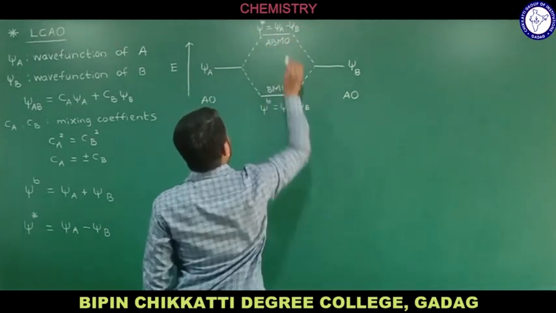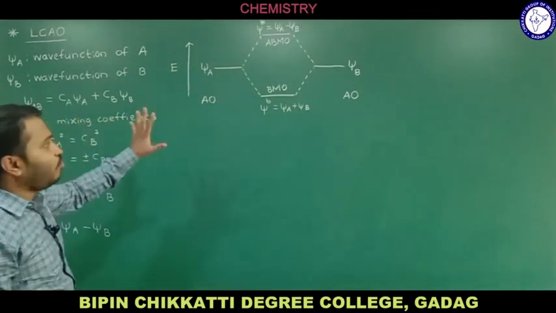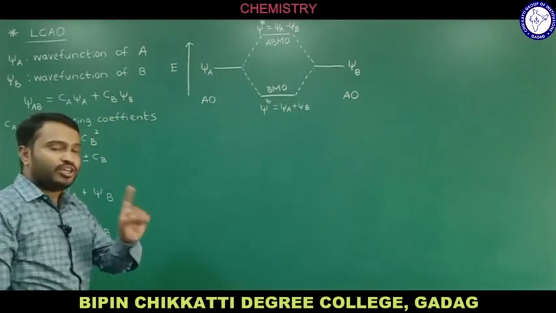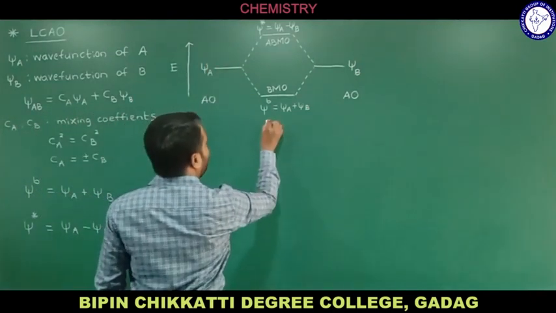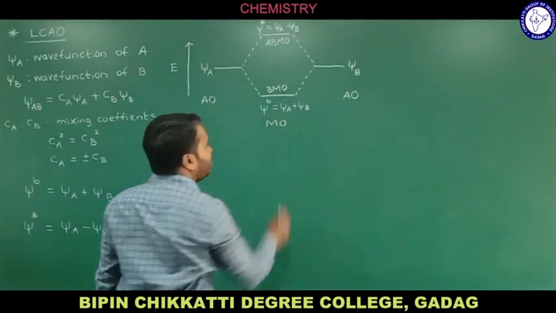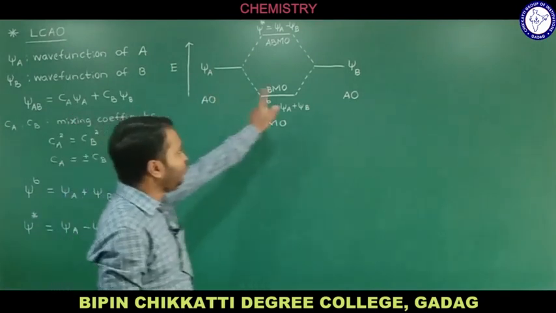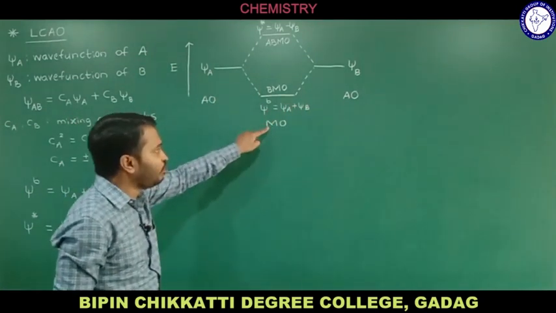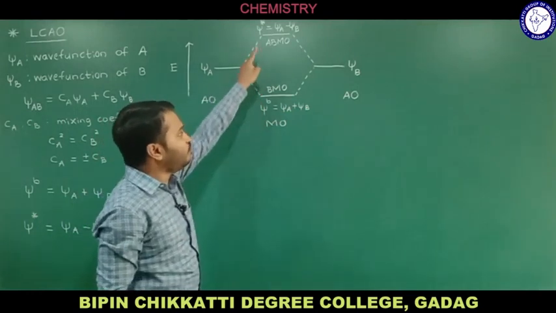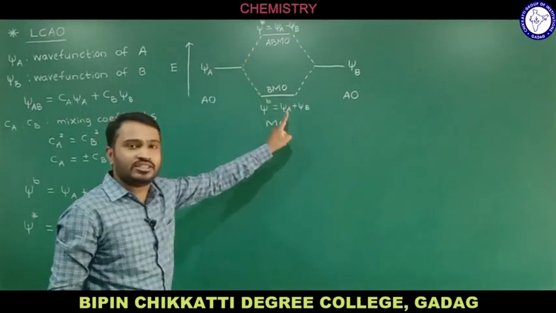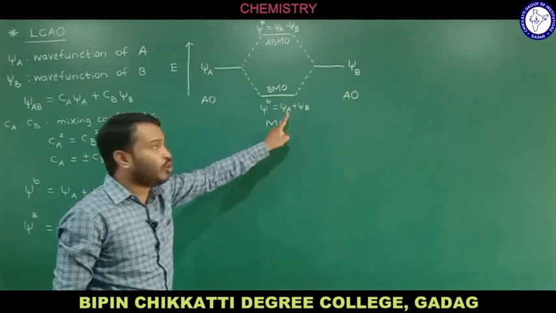So this is how the energy level diagram of a molecular orbital can be drawn using the LCAO concept, and these two are nothing but molecular orbitals, MO, I am going to write here. Atomic orbitals combine, we get molecular orbitals, two of them, one is BMO and one is ABMO. BMO is found by addition, overlapping of atomic orbitals.